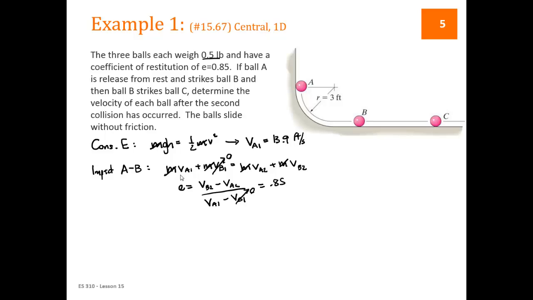VA1 we found was 13.9. So we have two equations and two unknowns, and solving them gives us VB2 of 12.85 in that direction and VA2 of 1.05 in that direction.